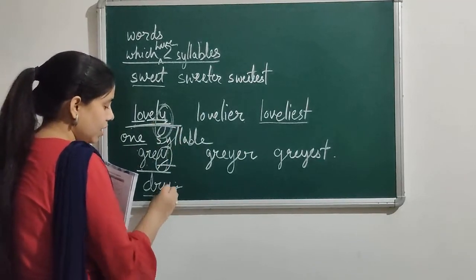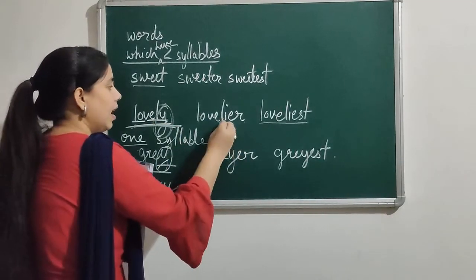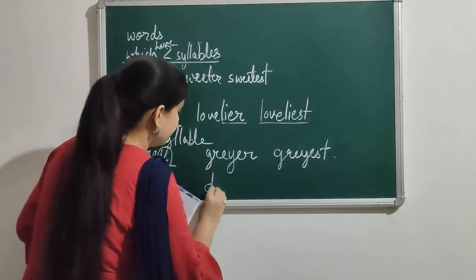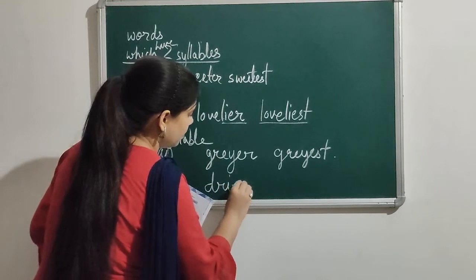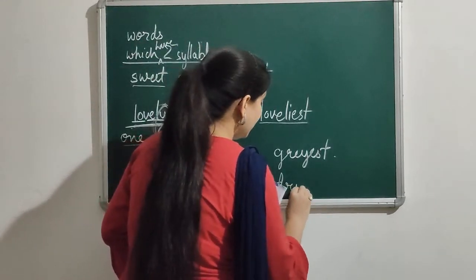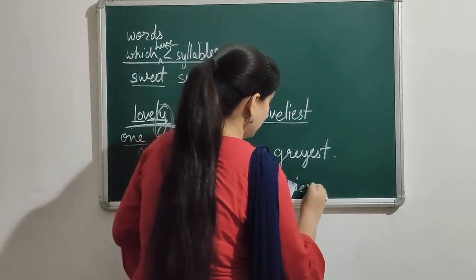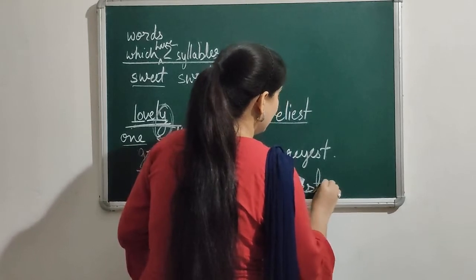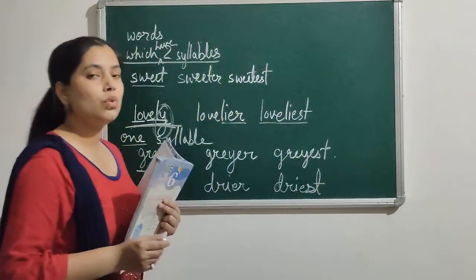We will change its y and add ier to form its comparative degree, drier. And to form its superlative degree, we will change its y into i and add est.